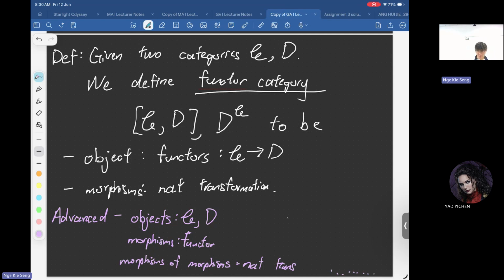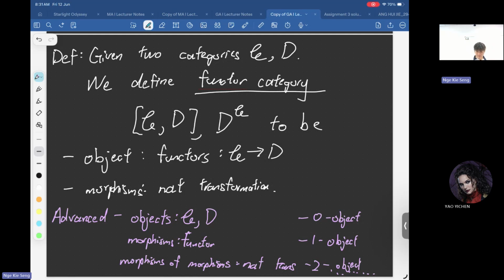So sometimes we will just call these objects with different levels. Maybe we'll call this a zero object, one object, and then two object, and so on. So you can have infinitely many objects corresponding to morphisms, and keep going.